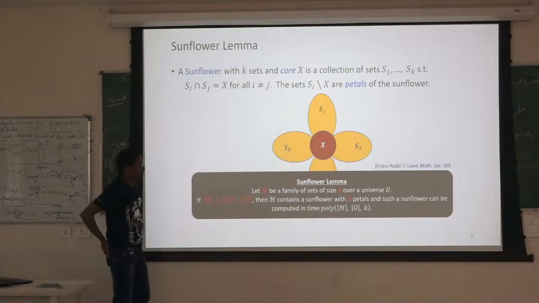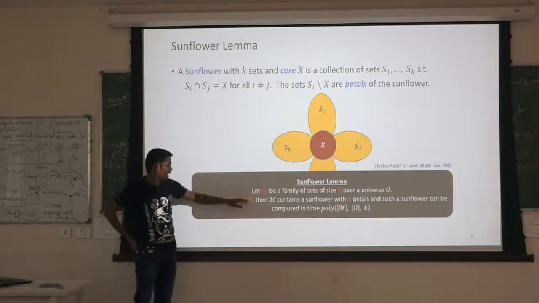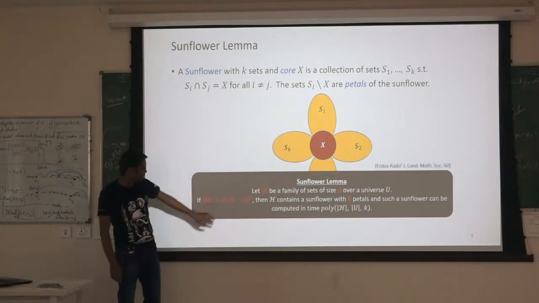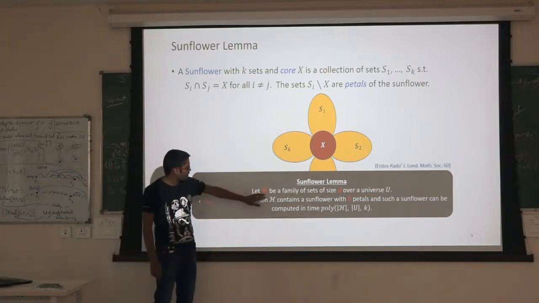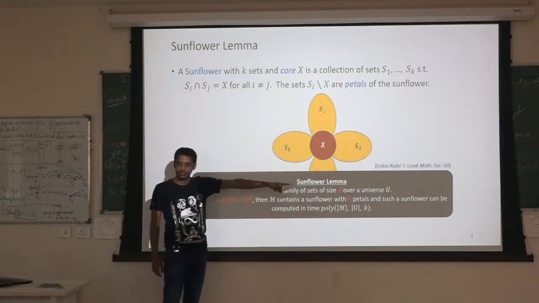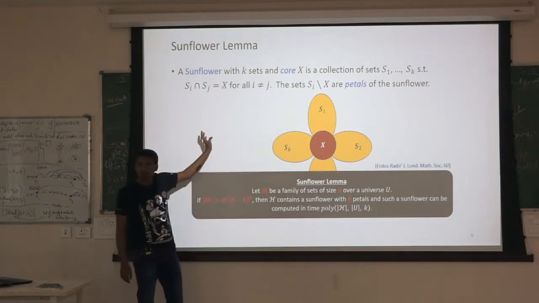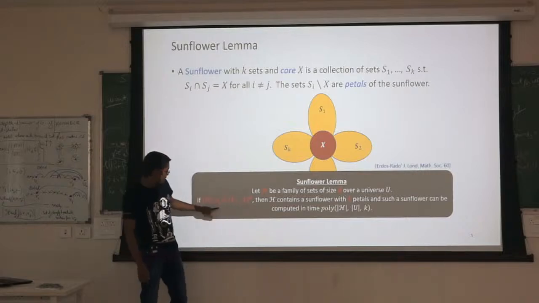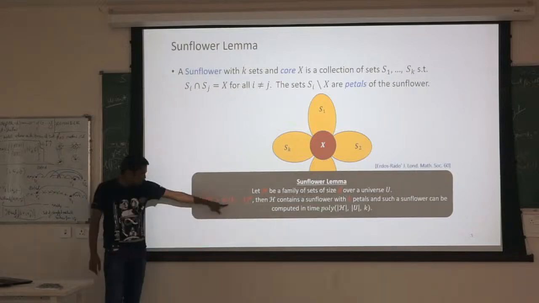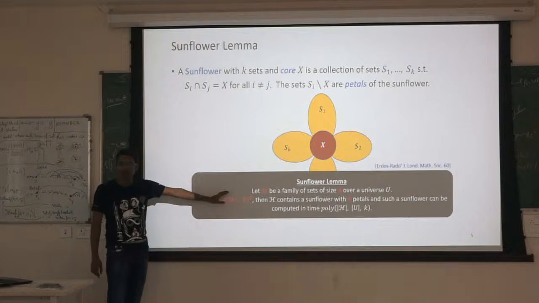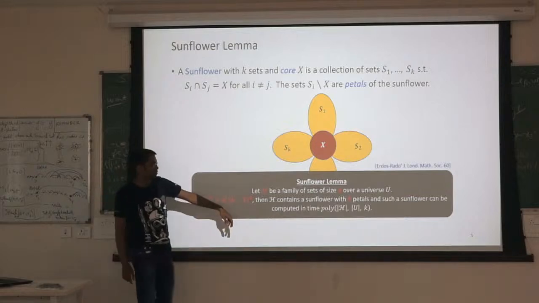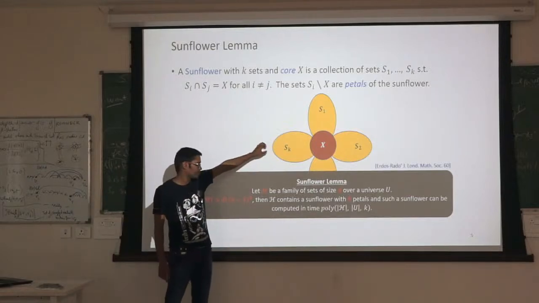It was shown by Erdős and Rado that if you have a sufficiently large family, now the numbers come into the picture, with sets of size d, and H is sufficiently large, meaning d factorial times k minus 1 to the power d, then it contains a sunflower with k petals.